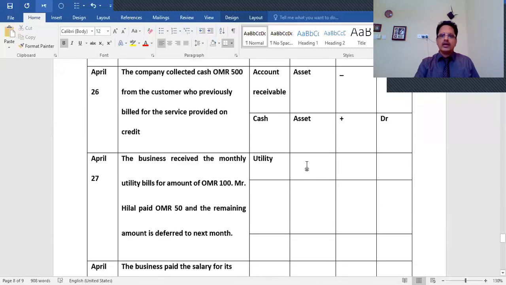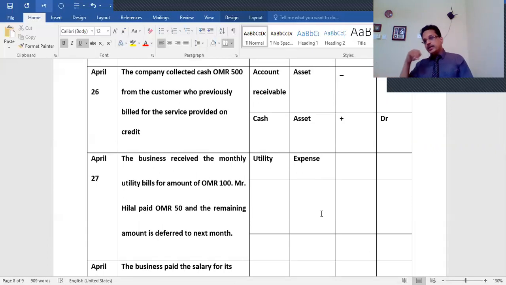So first utility is an expense, and cash: you paid out of 100 real, you paid 50, and deferred means payment will be made next month, outstanding. So payment will be later, you will pay the balance, not now. So it is a liability. So cash is there and you have the liability.